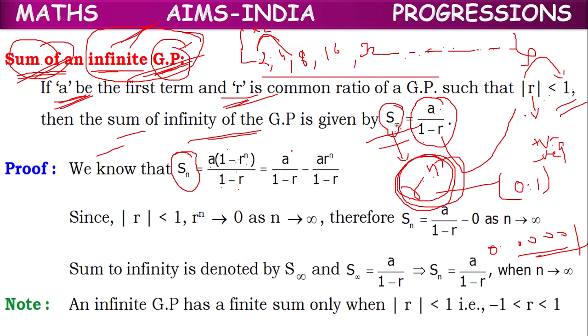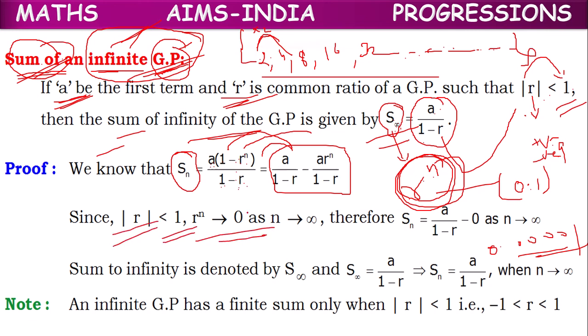So that's why we can directly keep it negligible. If we separate them, we will have one component a by 1 minus r, and another component minus a into r power n by 1 minus r. This we can split into two parts. Since modulus r is less than 1, r power n almost approaches 0.